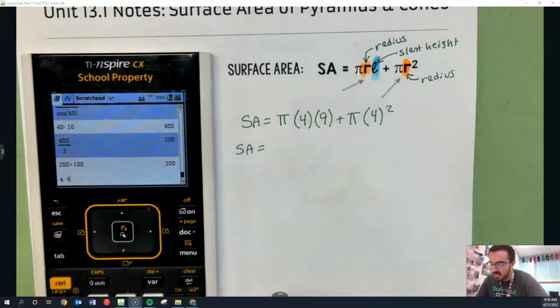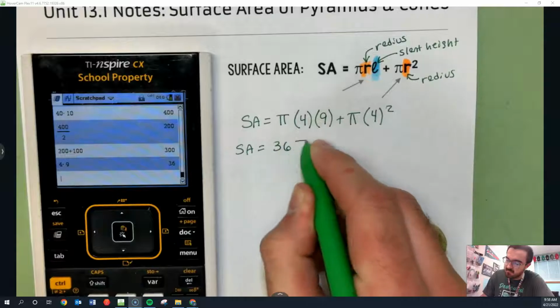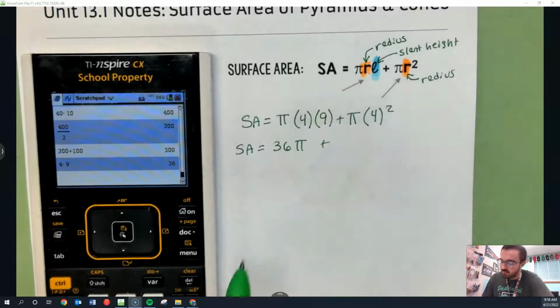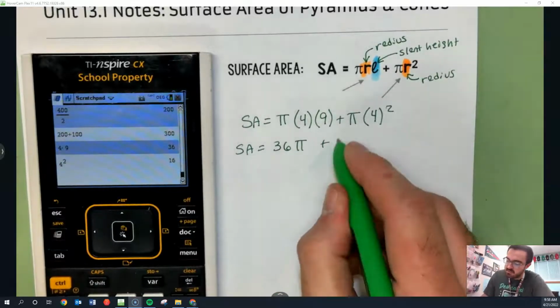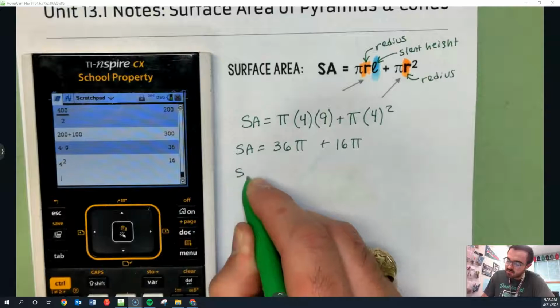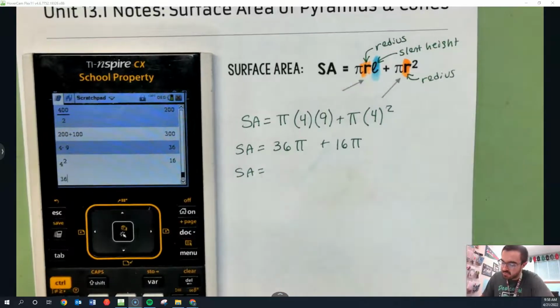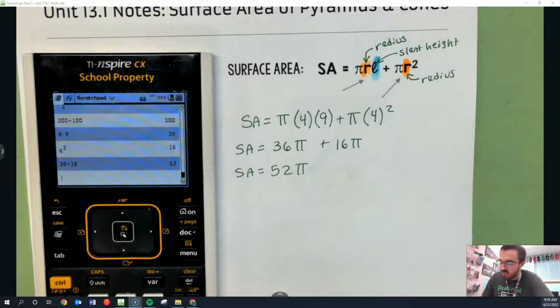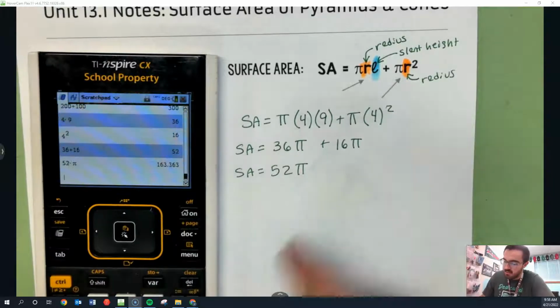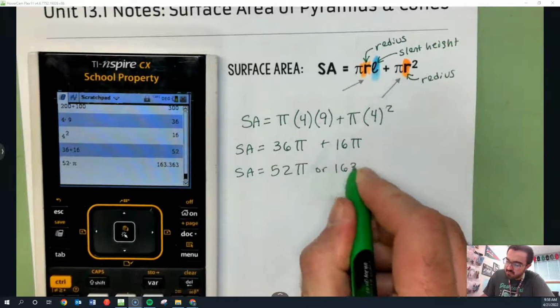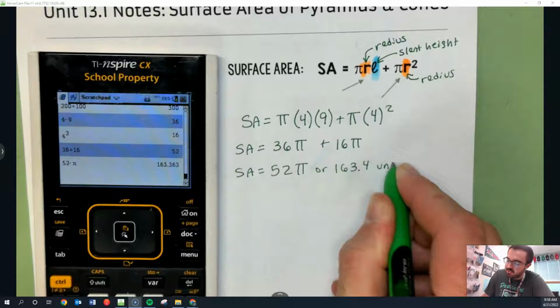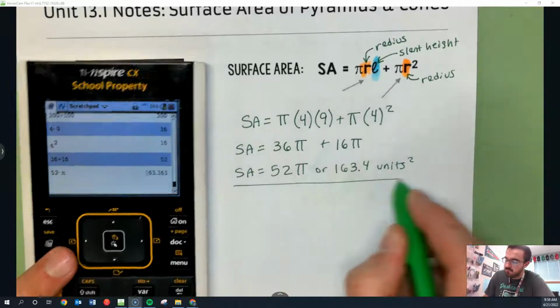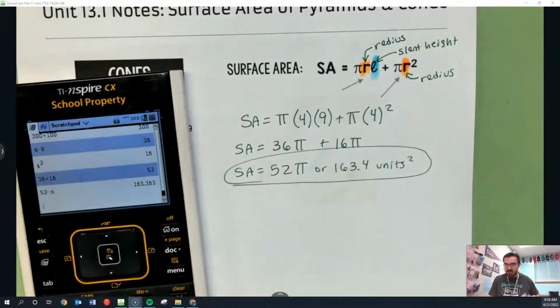So 4 times 9 is going to give me 36 pi, plus 4 squared is 16, so 16 pi. Surface area is going to equal 36 plus 16. So your answer in terms of pi would be 52 pi. 52 pi would be 163.4. Let's call it units squared. Okay. Not too bad.